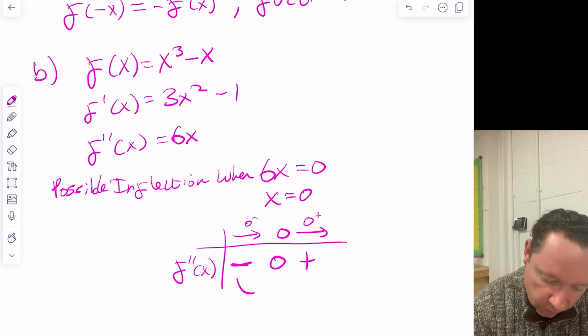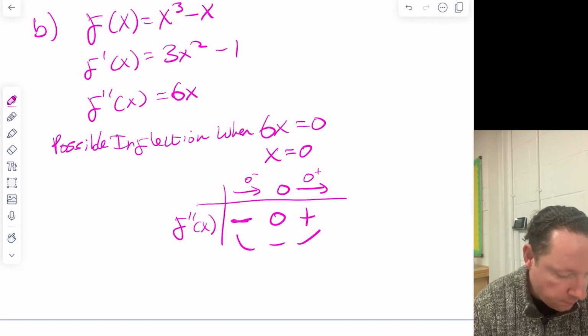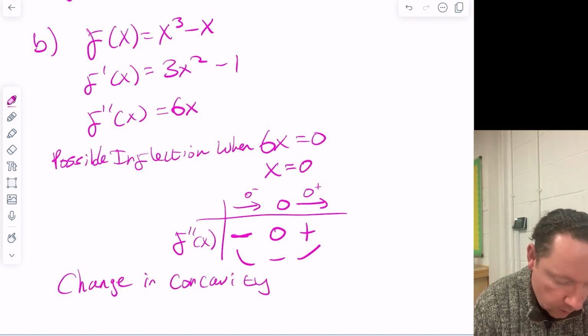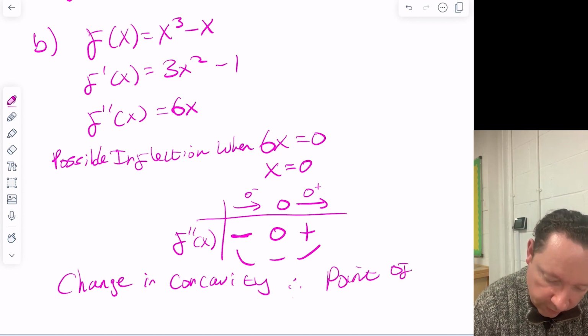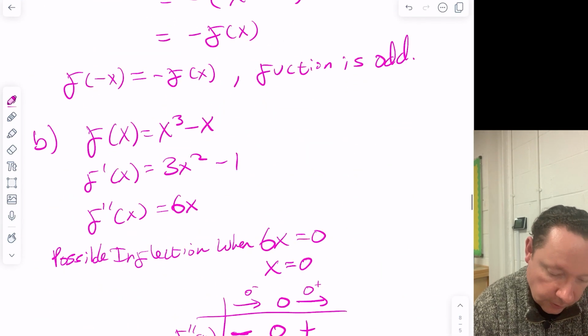So it is a change in concavity. Therefore, point of inflection exists. And that's that one done.